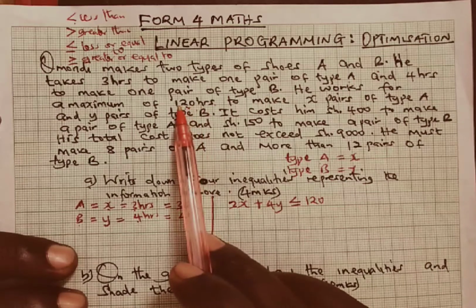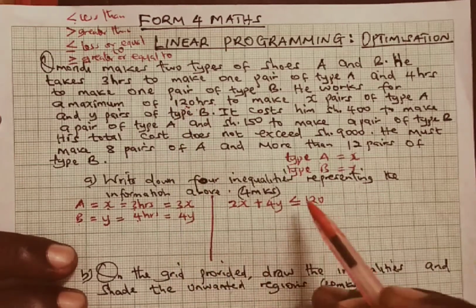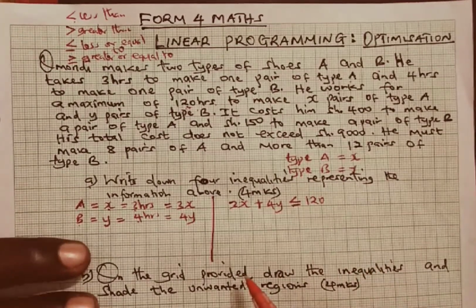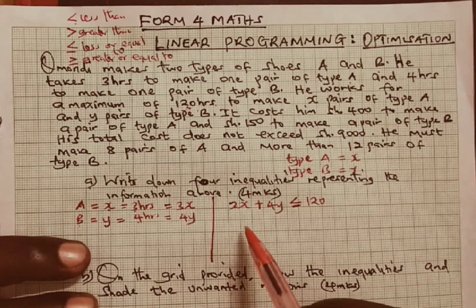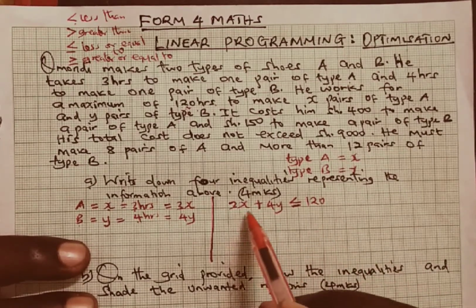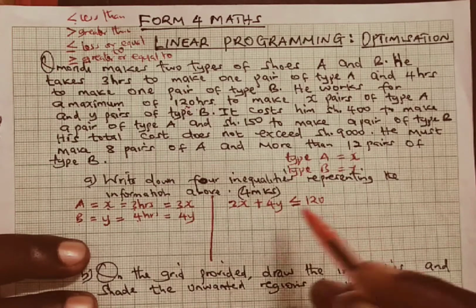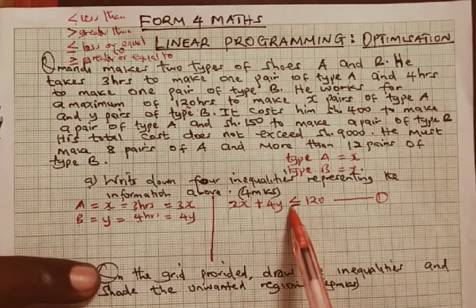That means the number of hours worked does not exceed 120, so we use less or equal to 120. This inequality cannot be simplified any further because we do not have a common factor between 3 and 4. So this is our first inequality, to get 1 mark.